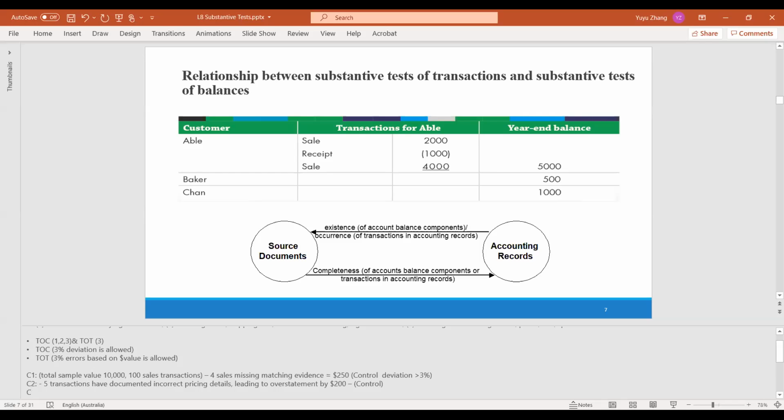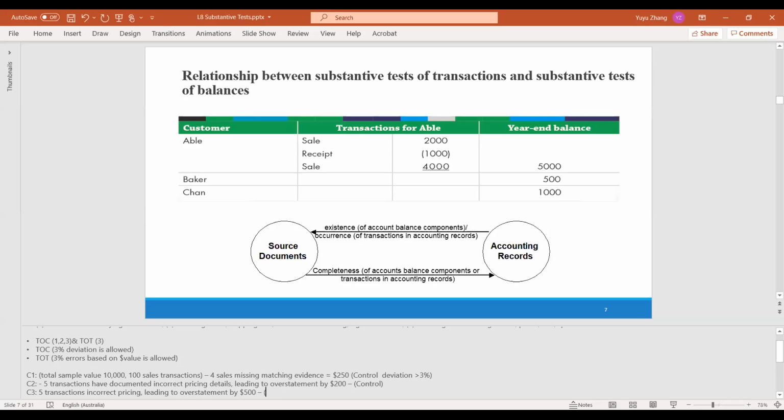Okay, so case 3, no missing documents. All evidence has been well matched. However, when you inspect the documents, 5 sales have documented incorrect pricing details, leading to overstatement by $500.